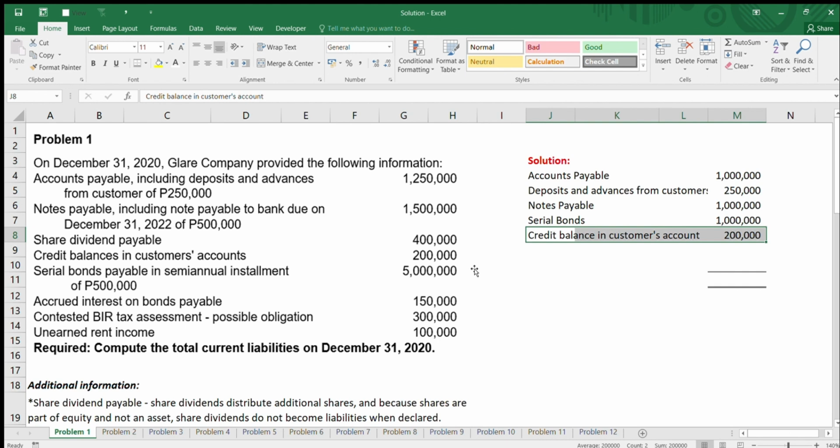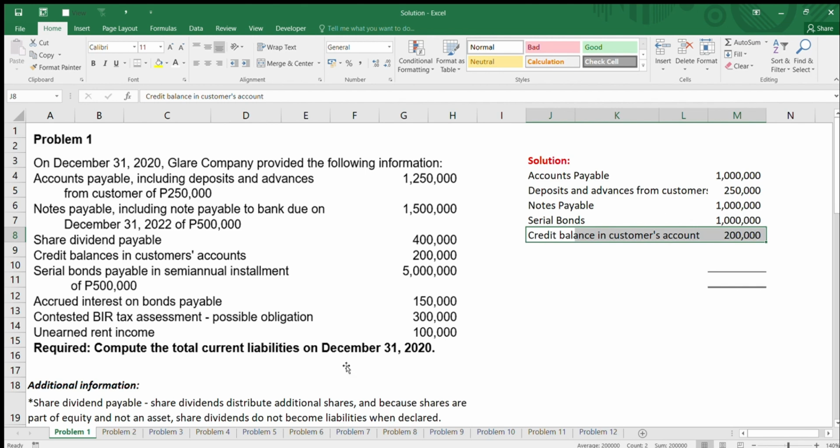Meaning, in one year, it is paid twice. So within 12 months after December 31, 2022, there are two payments of 500,000 each. That's why, since that is part of your current liability because it is payable within 12 months, it appears above. Serial bonds of 1 million. So I just placed it here.